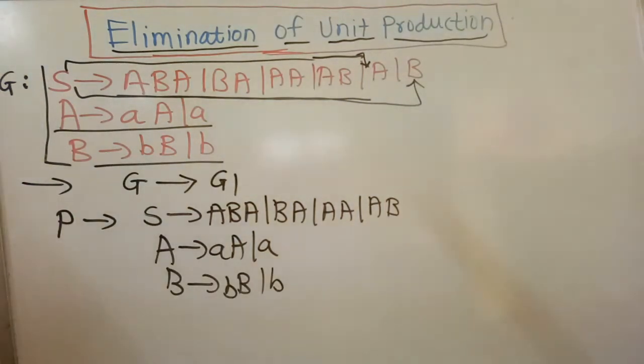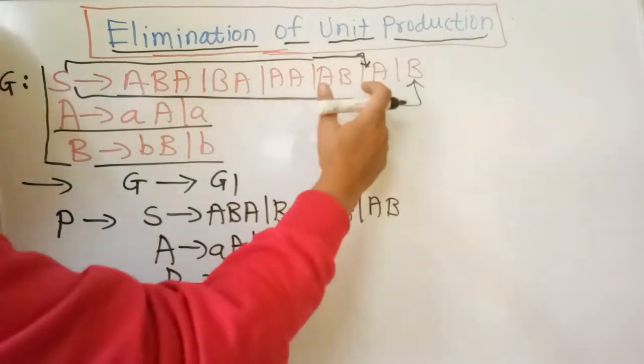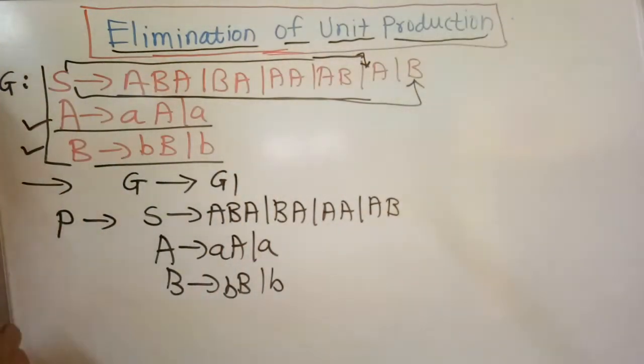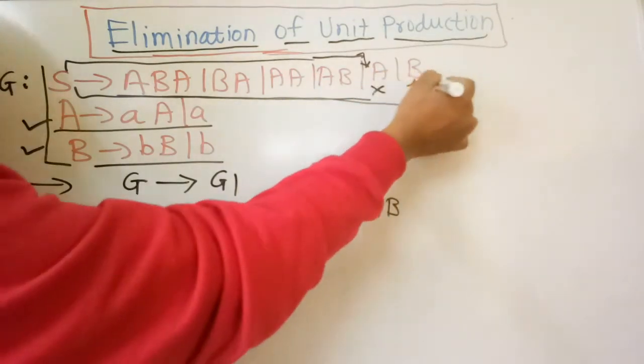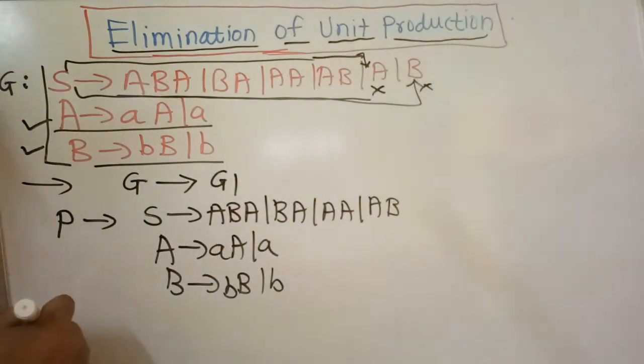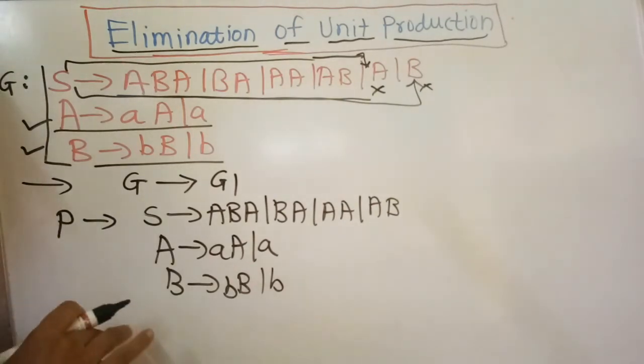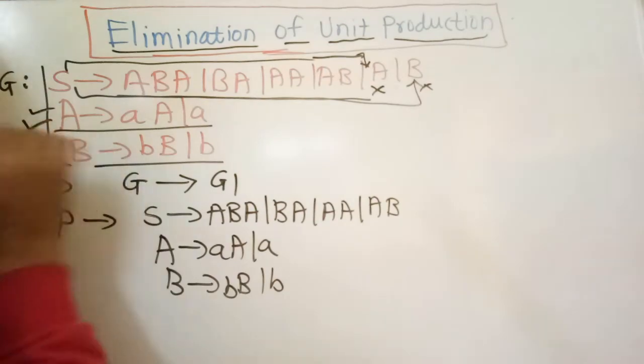Now we have to find out what the unit productions are. We have already done this task. S gives A is a unit production and S gives B is also a unit production. So simply remove these from the grammar by expanding them into their actual definitions. We have to discard them from our grammar, but we do not have the right to directly delete them. Instead, we replace them with grammar rules.